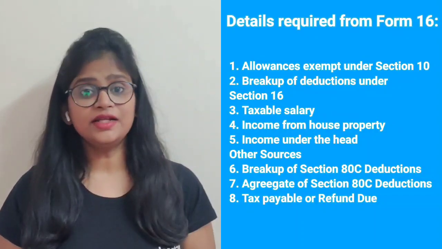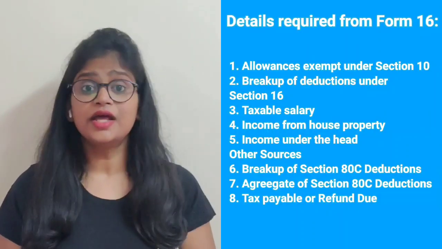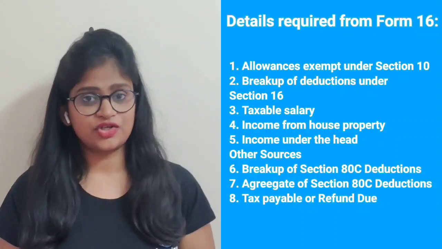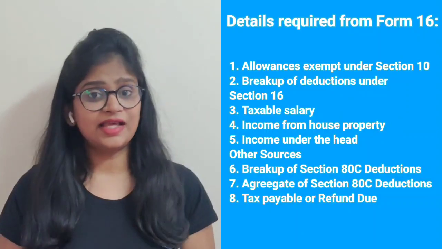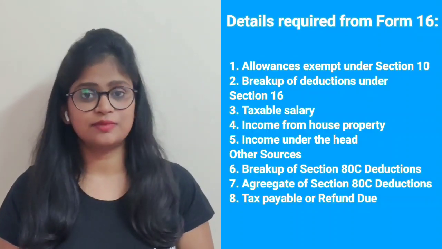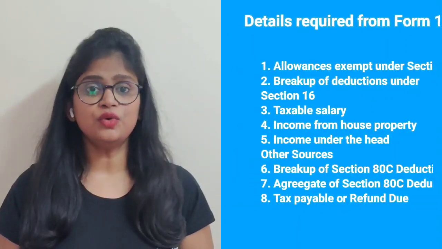Number 5, income under the head of other sources offered for TDS. Number 6, breakup of Section 80C deductions. Number 7, aggregate of Section 80C deductions, gross as well as deductible amount. Number 8, tax payable or refund due.